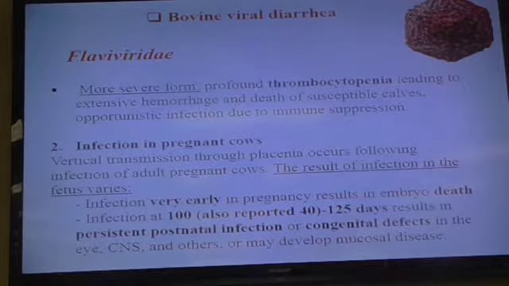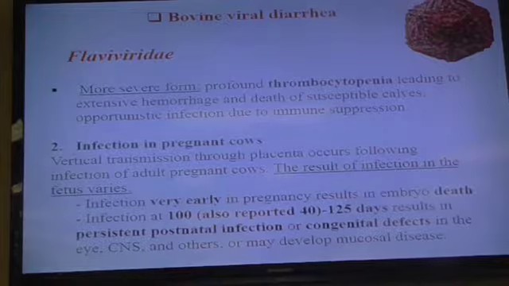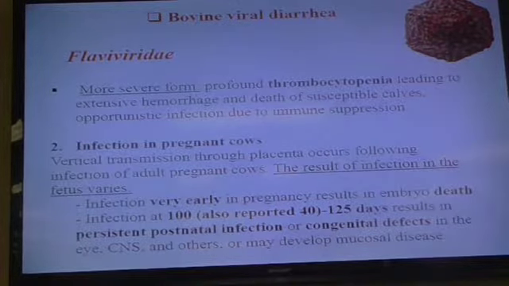And these numbers are important because they also come up in the exams and in NAPLEX. If the infection occurs very early during pregnancy, usually it results in abortion or perhaps resorption of the fetus.